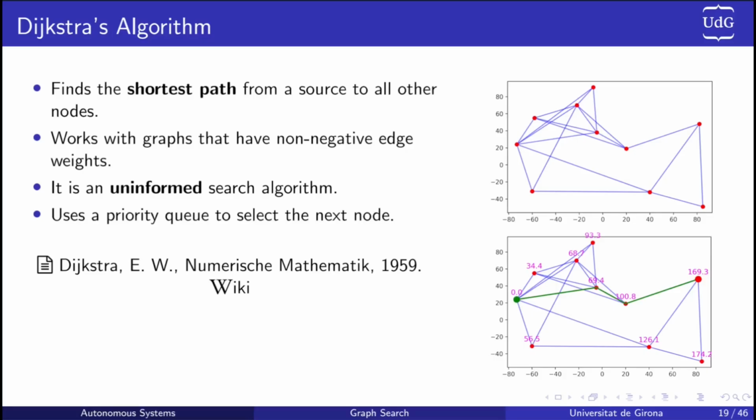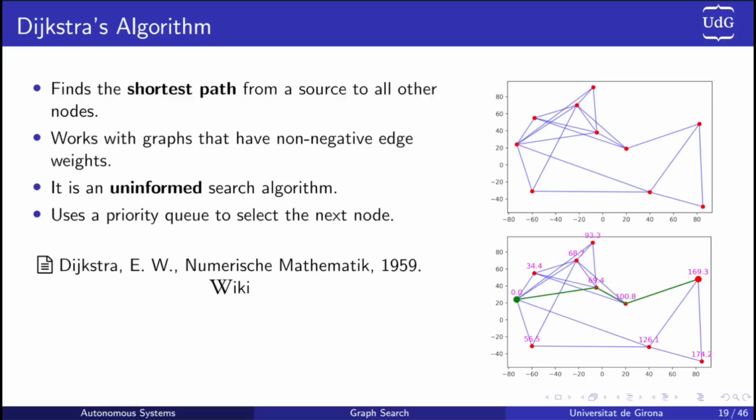And it uses a queue, but it's not a standard queue like the one that we have seen in breadth first search. It's a priority queue. It means that we will put all the nodes in this queue, but we will not remove the first one that we have input or the last one, like in breadth first search or in last input first output and DFS, but the one that has the smallest value.